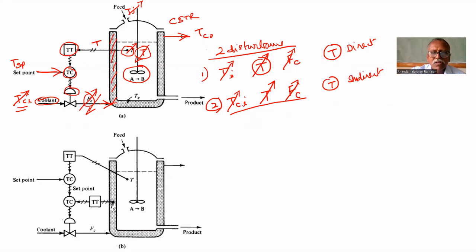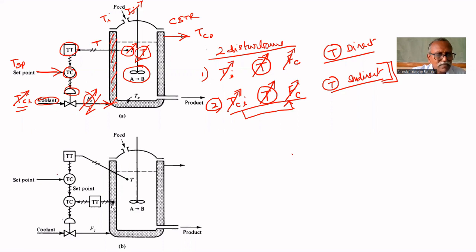Suppose we are able to control the coolant flow rate, so that whenever the coolant flow rate changes, before it makes any change in T, we can avoid a change in T. In the conventional controller, the temperature controller directly regulates the valve for both types of disturbances, either in TI or a change in TCI.